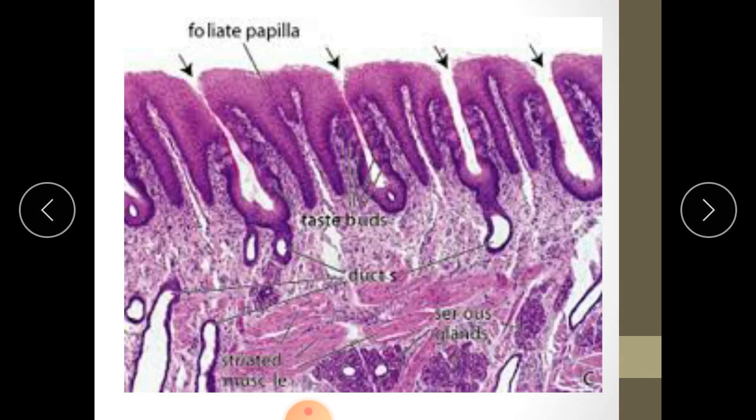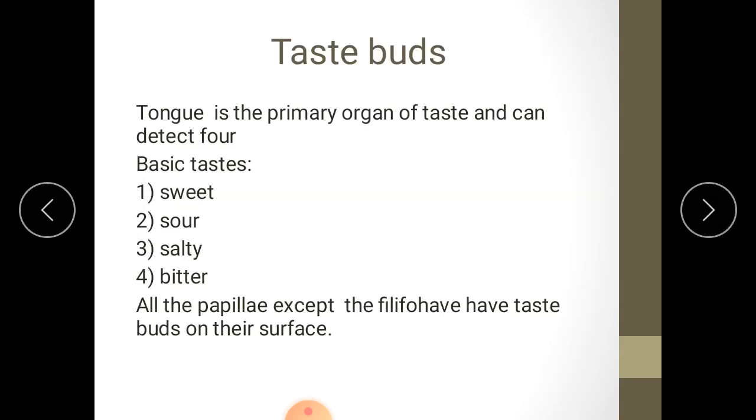These are in the form of transversely arranged ridges separated by deep grooves. The lateral surface of these ridges contains taste buds. Okay, so this is about the foliate type of lingual papillae.